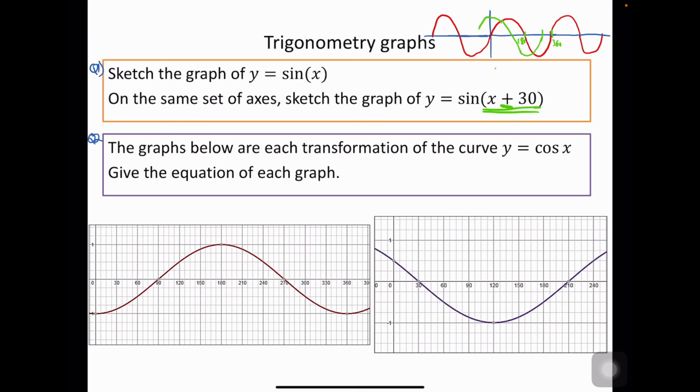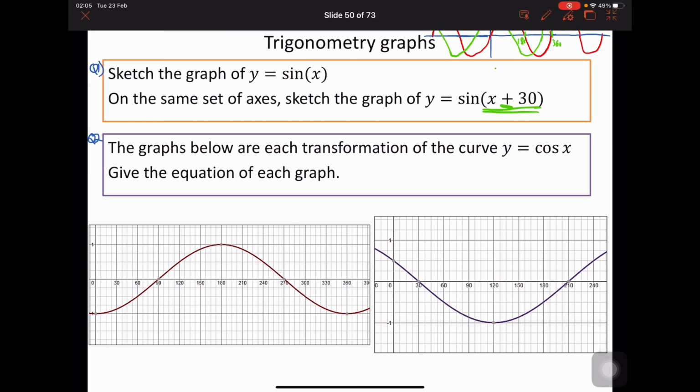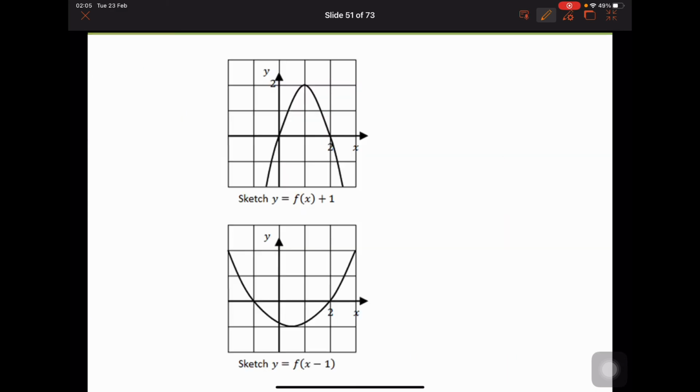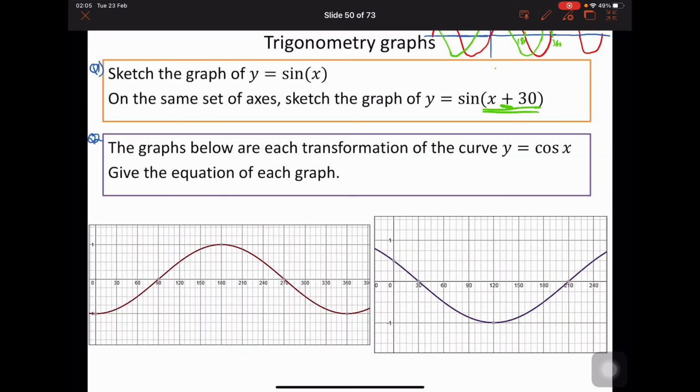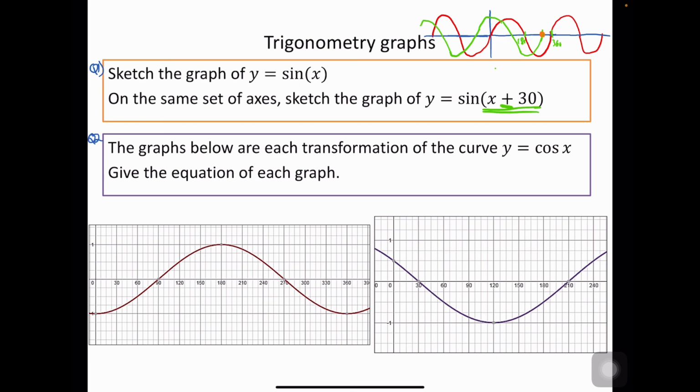Everything's being shifted by 30 spaces to the left. With an orange marker, I'll just highlight a few points. So here, this is 330, this is 150, this is -30, and so on and so forth.